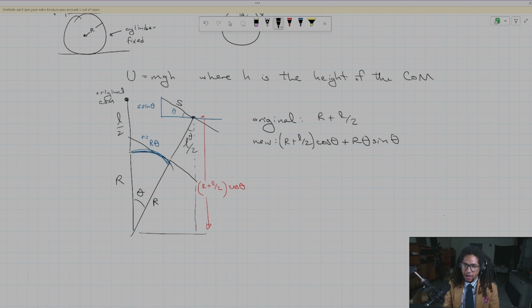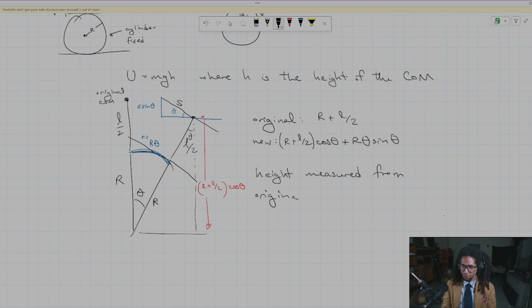All right. So I can say that the height is the height below this thing, so the height measured from the original height. In other words, this line is going to be where height equals 0, if I could draw a straight line.